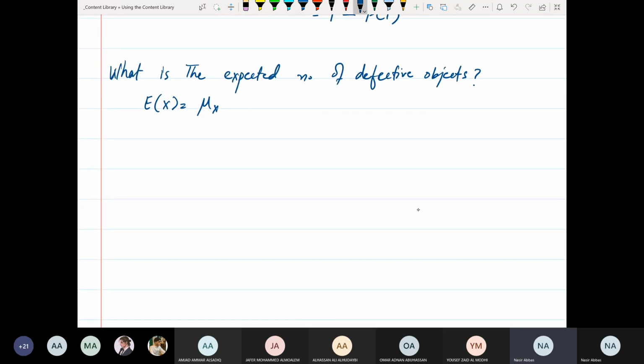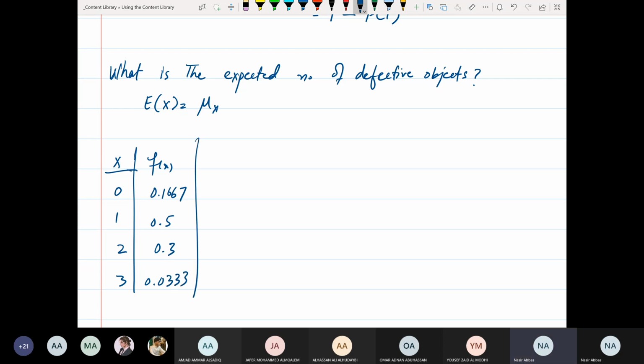So for this, I need 2 more columns. I need x multiplied by f of x. And for the next question where I'm going to ask for variance or standard deviation, I need x squared times f of x. So I'll create these 2 columns together.